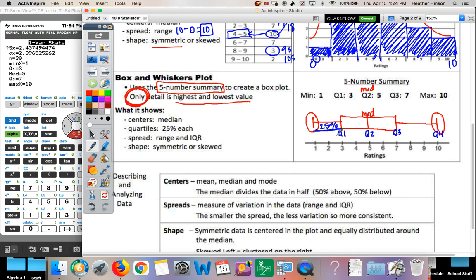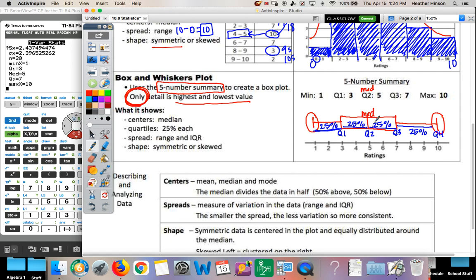That's 1/4. This is another 25% of your data. That's 2/4 overall. The next one is 25% of your data. That'll give you your 3/4. And the last one is another 25%. That'll give you up to 4/4.